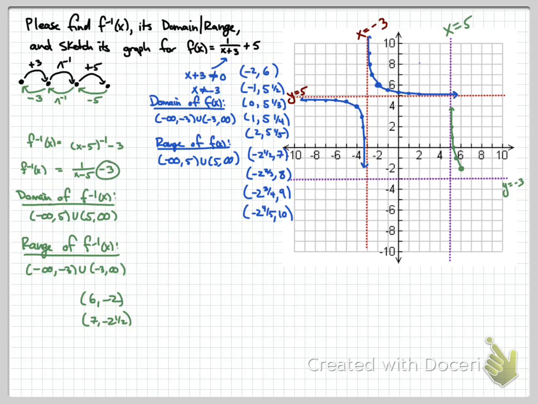A third minus 3 is -2 2/3. If I chose an input of 9, then I'd have 1 over 4. 1 over 4 minus 3 is -2 3/4, and you can see where this is going. As our inputs become successively larger, our outputs get closer and closer to -3.